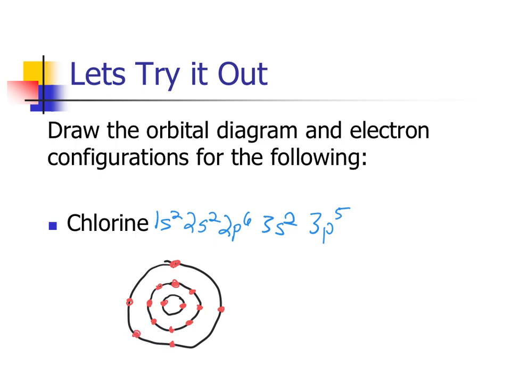Now, some might look at this and you go, so you put 7 and chlorine's in group 17. Is there a connection between the number in the outside rings and the group number that it's in? Well, if you saw that pattern, you'd be correct that there is a pattern except for the transition metals.